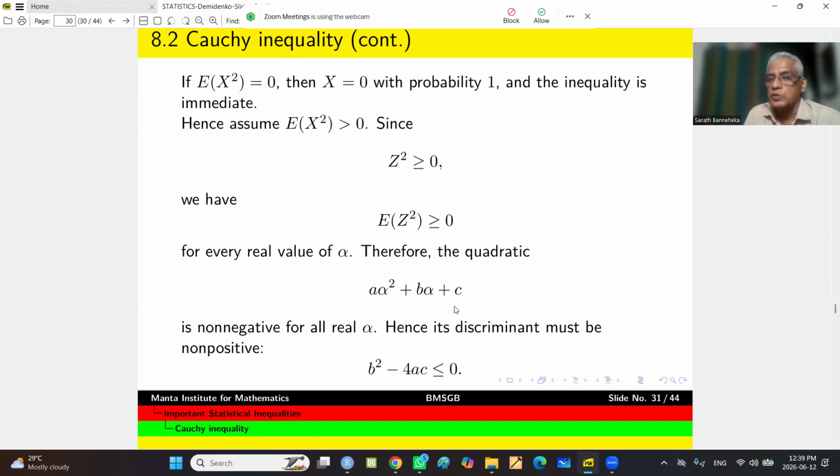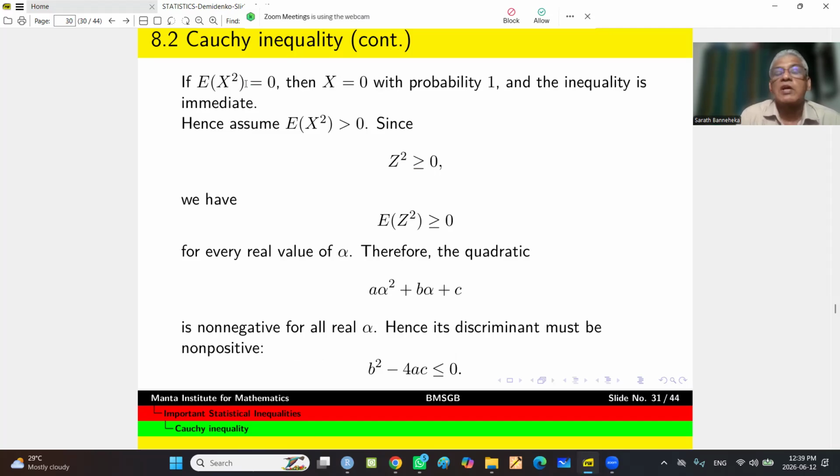Now, in order to derive the inequality, we observe that if the expected value of X squared is equal to 0, that implies X equals 0 with probability 1, because X squared is always greater than or equal to 0.